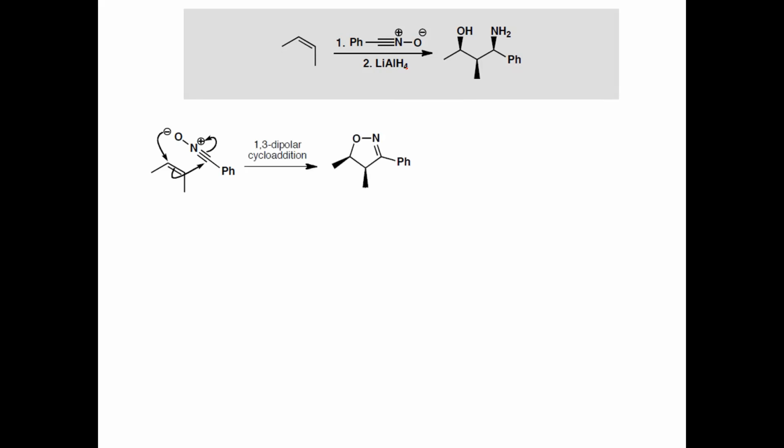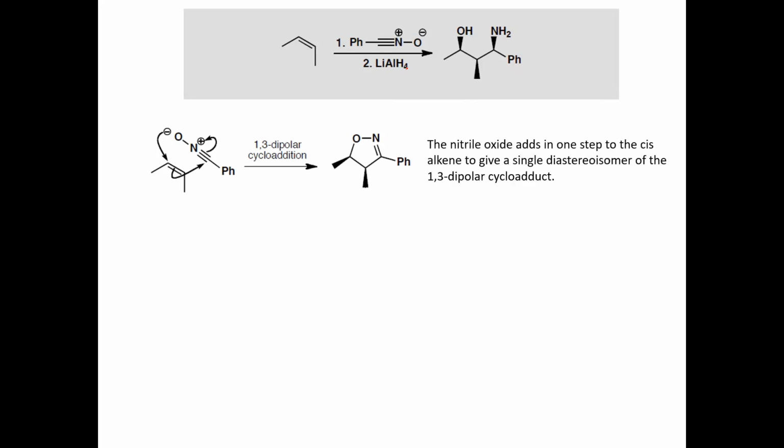So the first reaction is like the one that we saw. We just use the nitrone to do the 1,3 dipolar cycloaddition. You form this nice compound. It's an oxazolidine, because it has oxygen and nitrogen in the same heterocycle. We saw some of them in the second year when I did heterocycles.